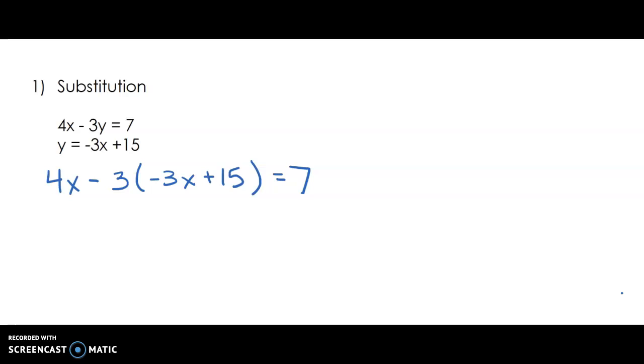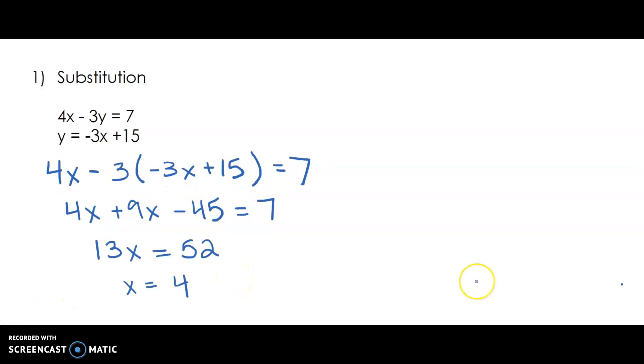And this is key because what we notice now is that our first equation is in terms of only one variable. It's only in terms of x, and that allows us to solve for x. When we distribute, we're left with this, and I am curious what you all might get for x.